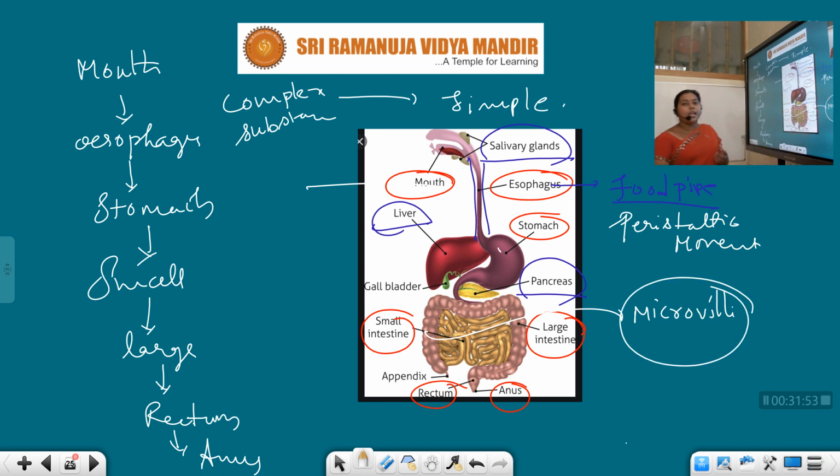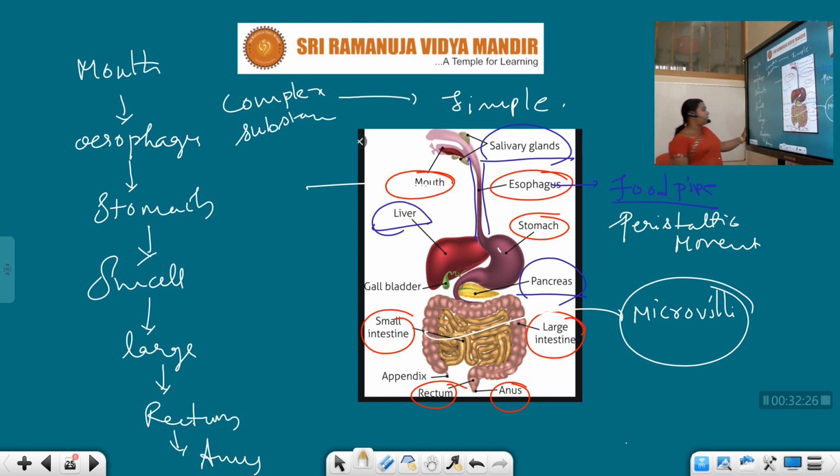These small hair-like projections help in the absorption of the nutrients into the blood vessels. The absorbed nutrients, along with the blood, are distributed to the parts of the body. As I said in the beginning, holozoic means ingestion, digestion and absorption, and finally the simple converted nutrients get absorbed by the whole body.